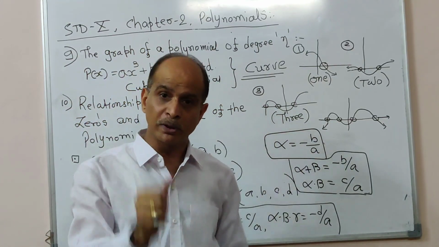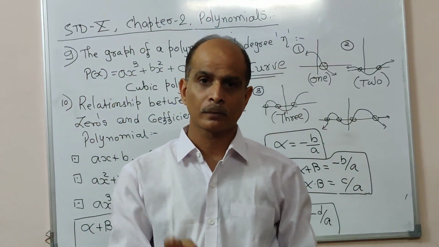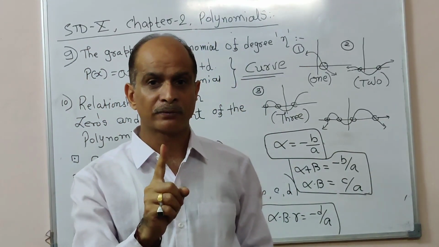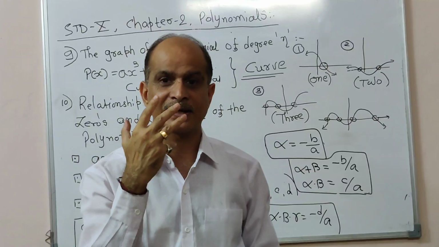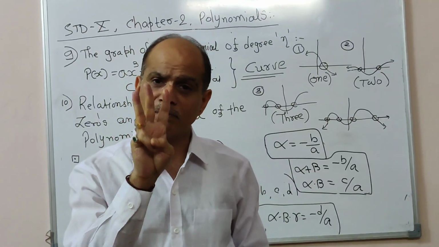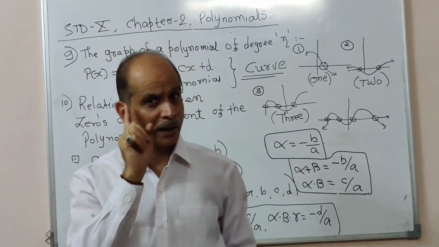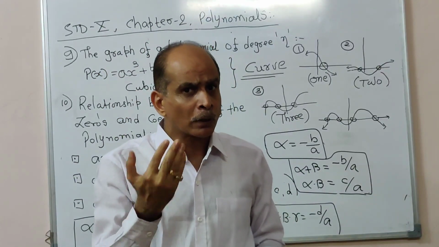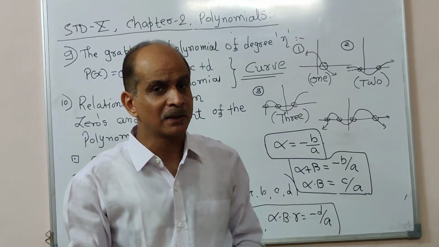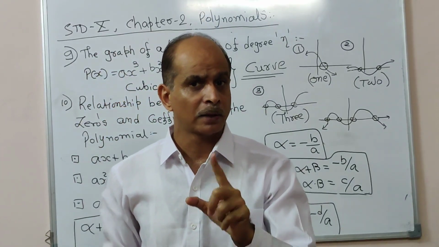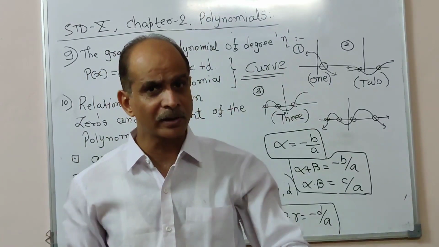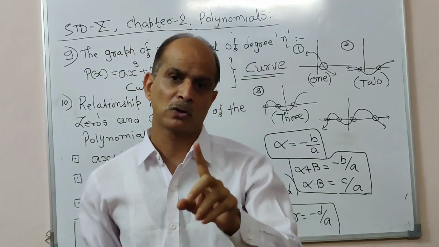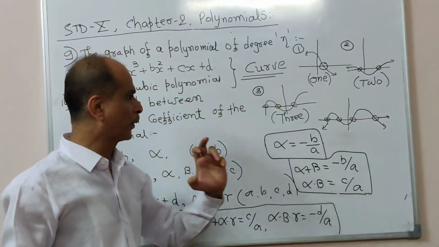So if it is a cubic polynomial, the graph intersects the x-axis at a maximum of 3 points. Again, let me explain this. Maximum 3 points means the graph intersects the x-axis at either 3, 2, 1 or 0 points, or no point.